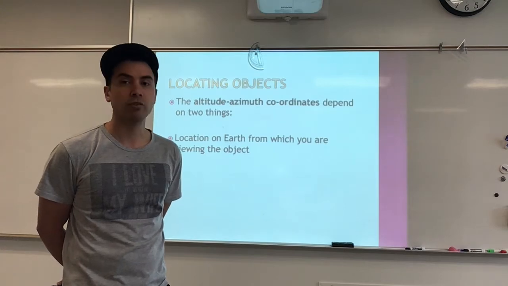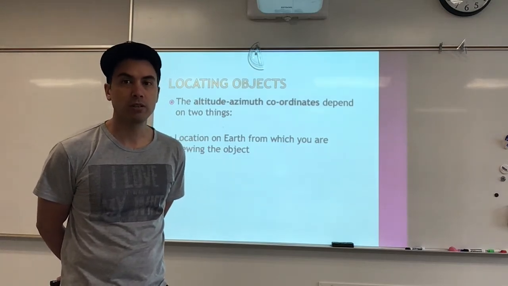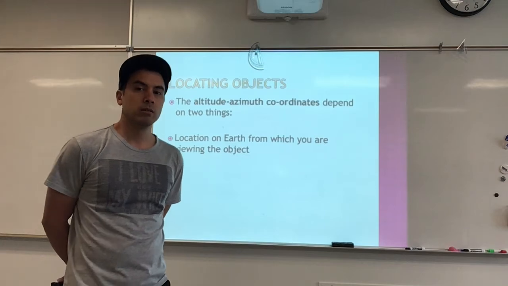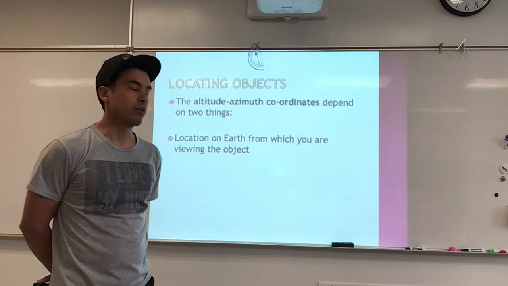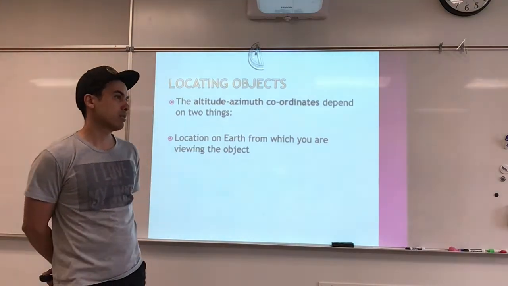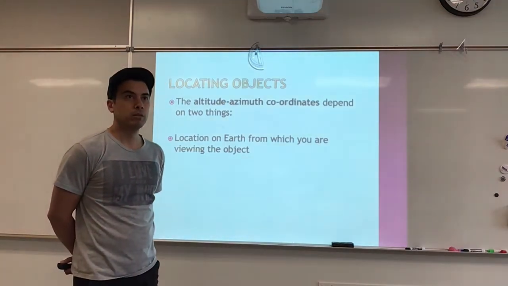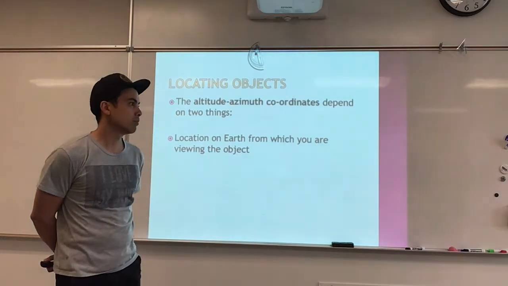Actually, that's not true. But if we're in different hemispheres, it makes things a lot different. We can't see exactly what the southern hemisphere is seeing, just depending on the Earth blocking out certain stars.